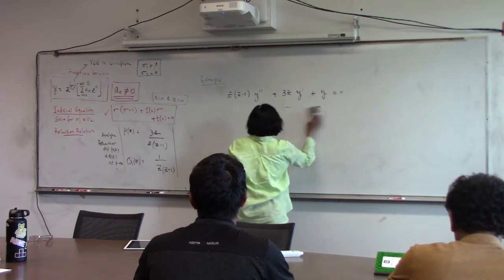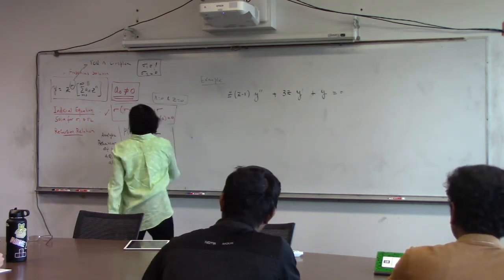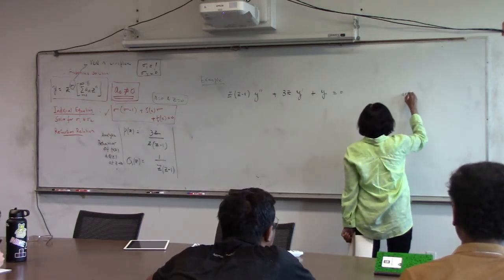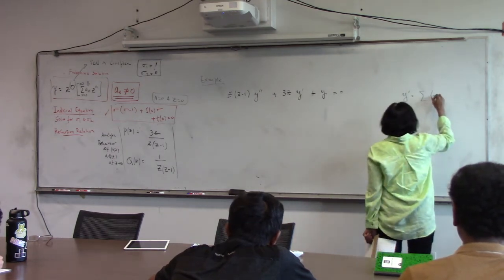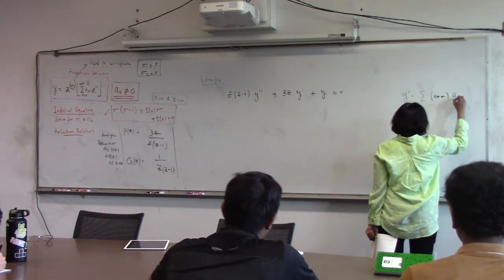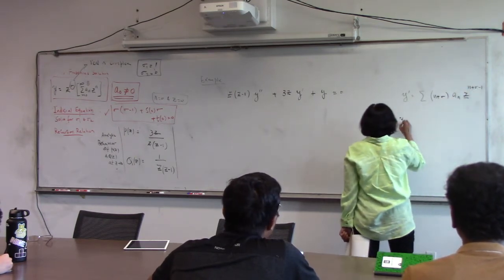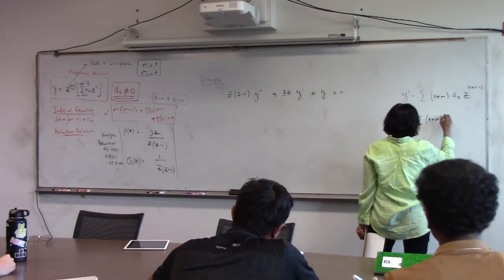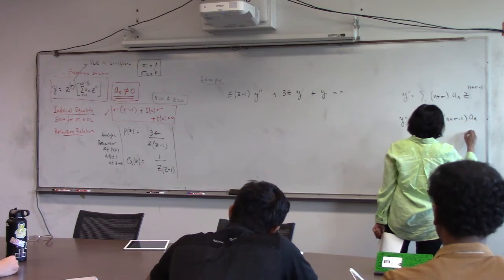All right, now go back to this equation, and since I erased all of them, let's get them all back. Y prime is the sum of n plus sigma times a sub n. Y double prime is n plus sigma times n plus sigma minus 1 times a sub n.